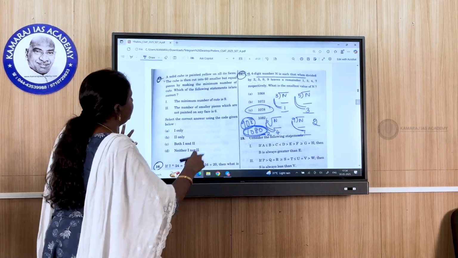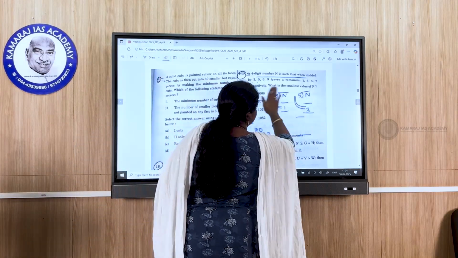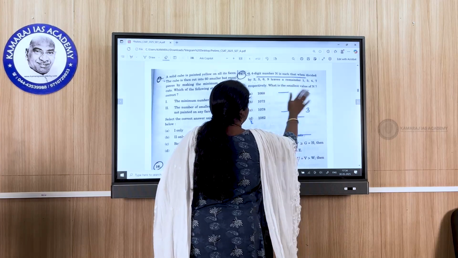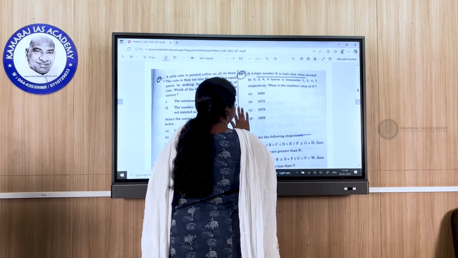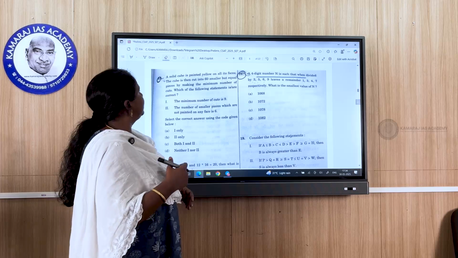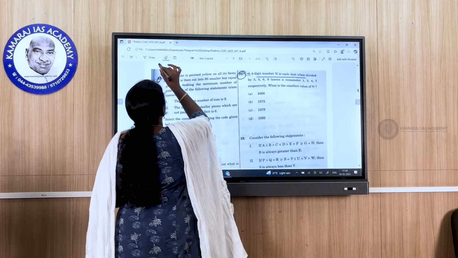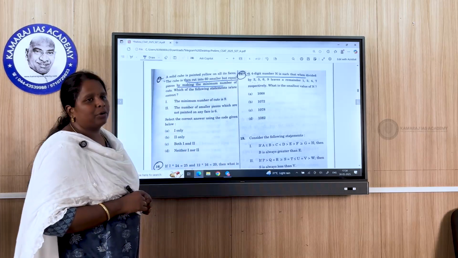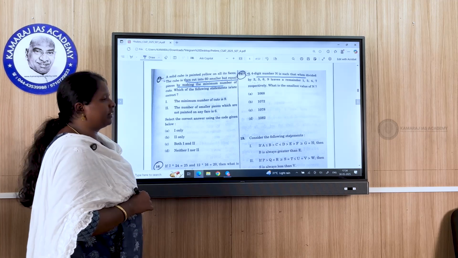So the next question: a solid cube is painted yellow on all faces and the cube is then cut into 60 smaller but equal pieces by making the minimum number of cuts. Now, which of the following statements is correct?